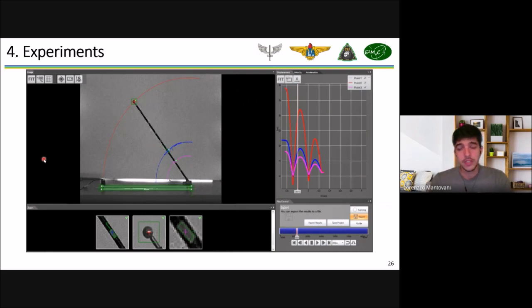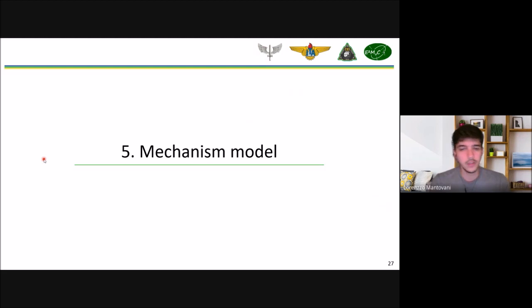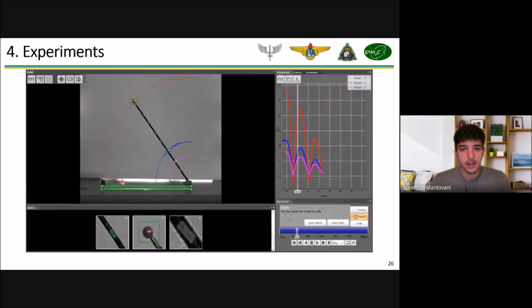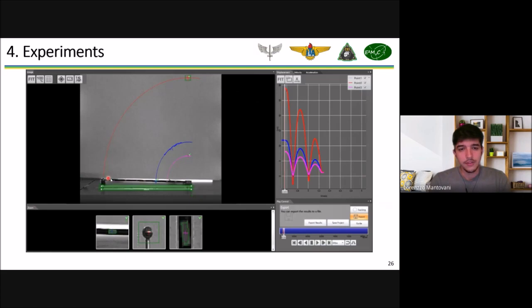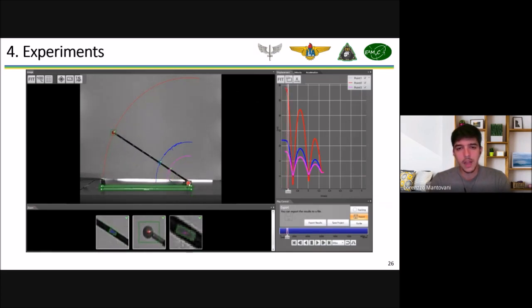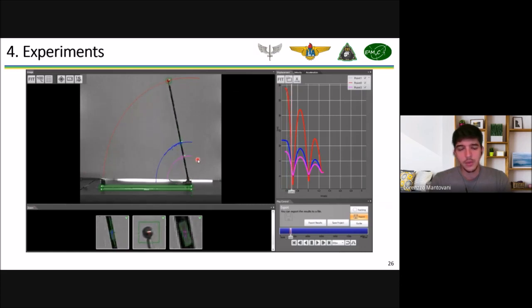So now we have the position and velocity of these booms, and we need a model to put these results in. So we developed a mechanism model that could represent that. Another thing, if you pay attention here, the boom is being deployed, so it's increasing its angular position, and soon it will have a collision here, so it will bounce back, and that's what's happening right now. So this is the collision I'm talking about.